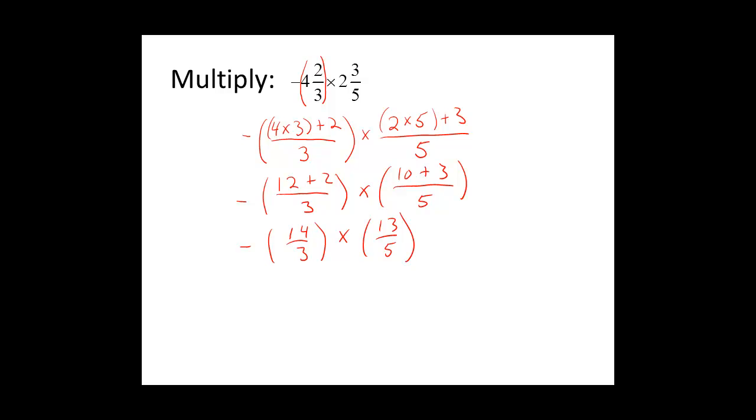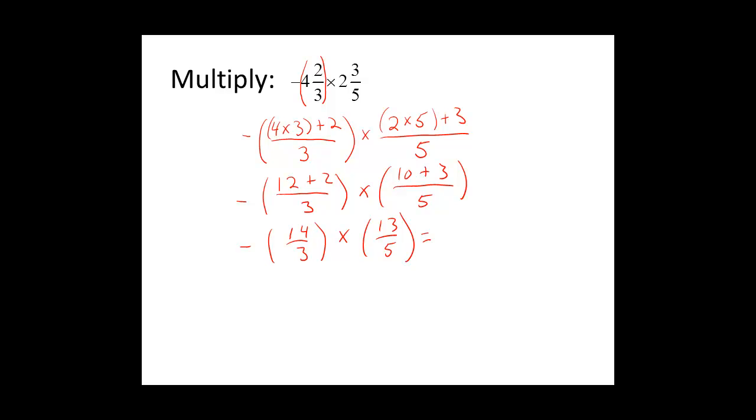Okay, so now we need to multiply -14/3 times 13/5. See if there's anything to divide out. We have a 14 here, which is a 2 times 7. There's no factors of 2 or 7 in the denominators. 13 is prime. It's only divisible by 1 and itself. Neither of the denominators have a factor of 13, so we will multiply straight across.